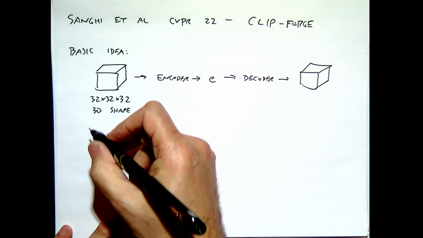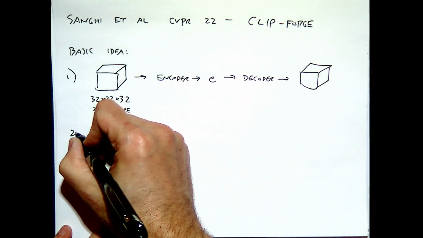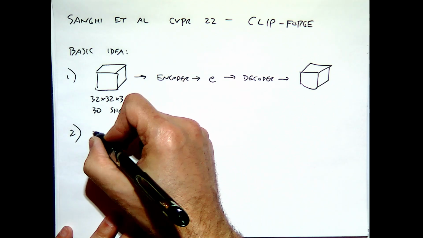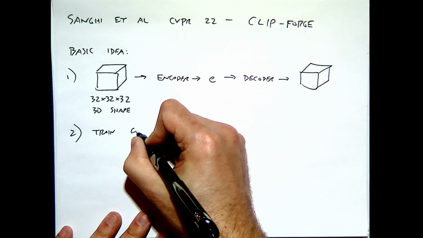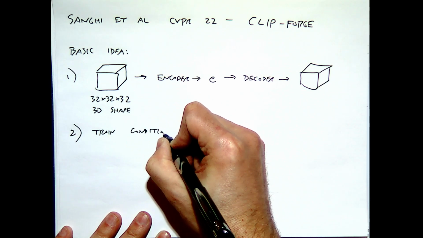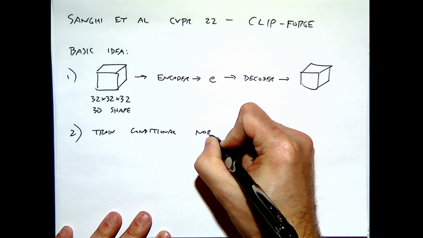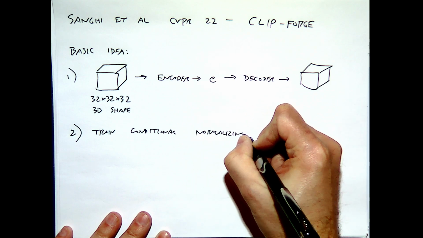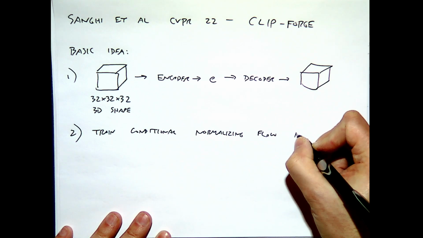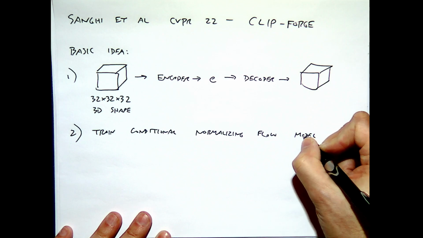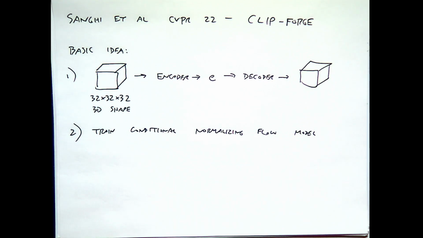Now, once I have this, so this is step one. Step two is to train a conditional normalizing flow model.